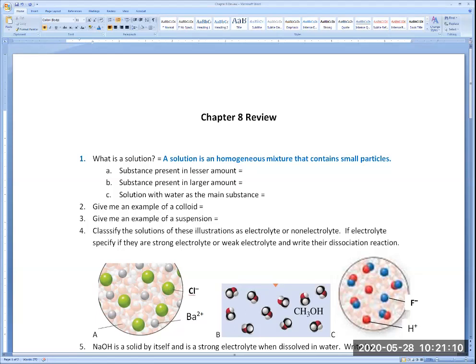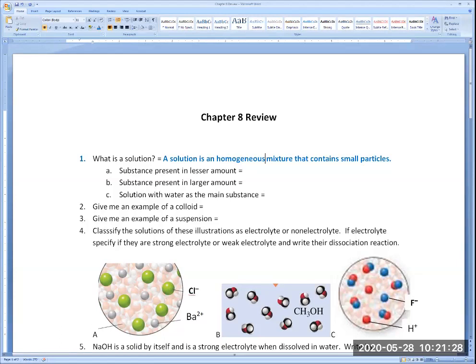So a solution is a homogeneous mixture, and people always think solutions are liquids, but they're not necessarily liquids. They can be gaseous or solid. So for example, brass is a solution.